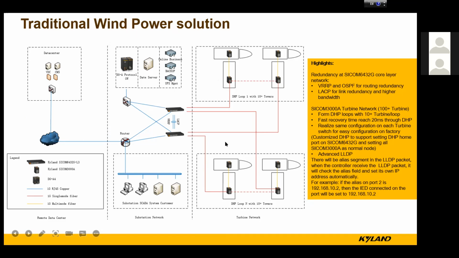For each turbine, 2 Ethernet switches are installed. One is installed at the bottom and another at the top of the turbine. For the bottom one we selected the 3000A model, with 4 gigabit optical ports and 16 gigabit copper ports.